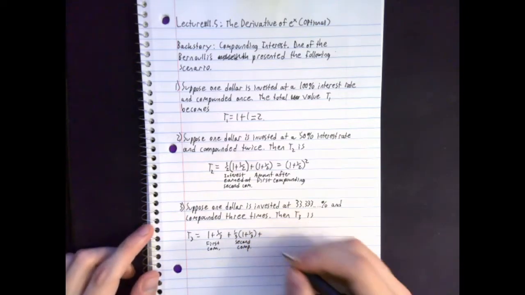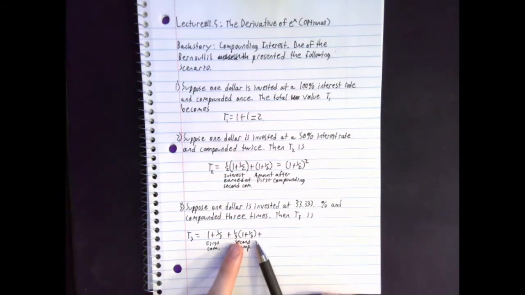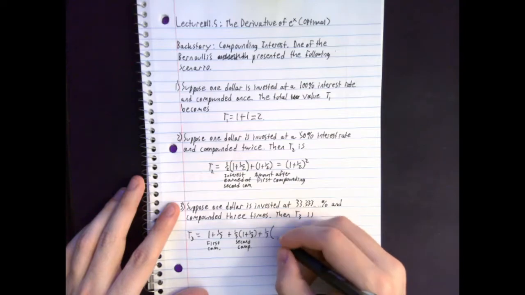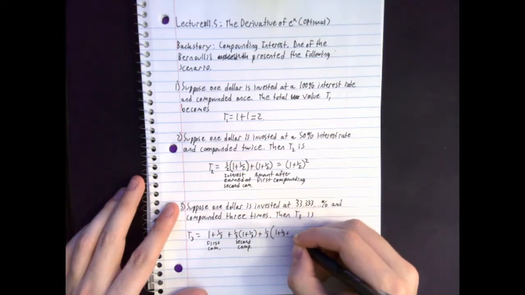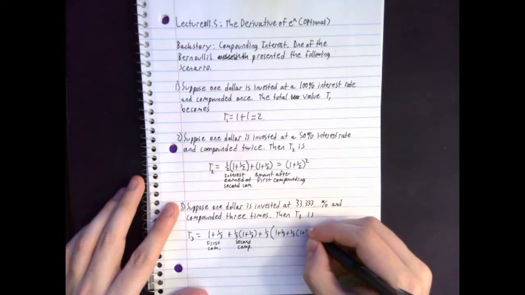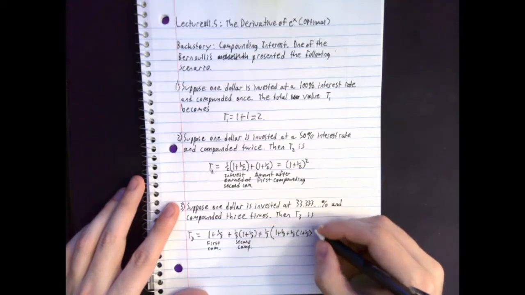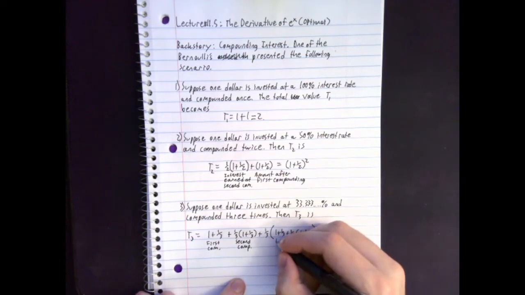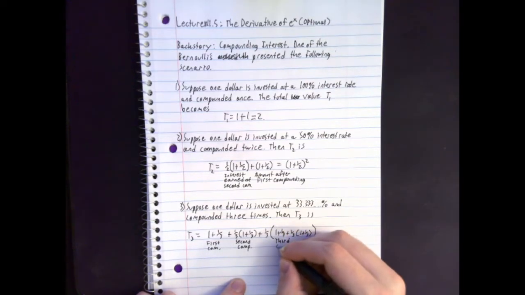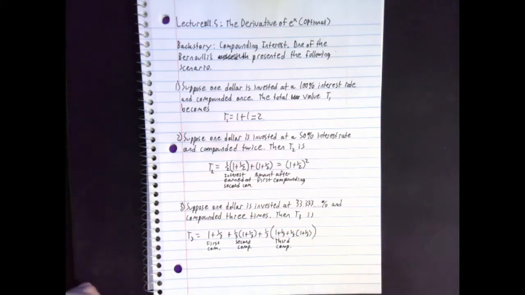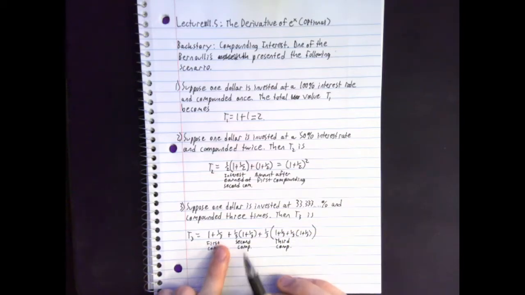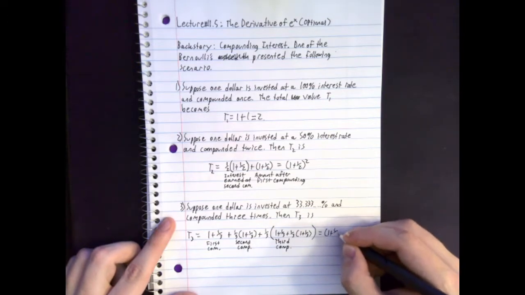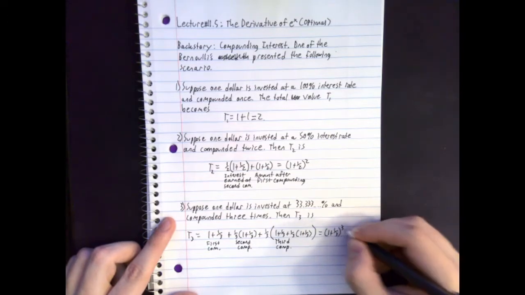And then the third time I'm going to take and add 1/3 of this whole amount. So 1/3 of 1 plus 1/3, plus 1/3 of 1 plus 1/3. So all I've done is just copy this bit into the parentheses here. And indeed, if you were to go and work this out, you would find that you would get (1 + 1/3) to the power of 3.